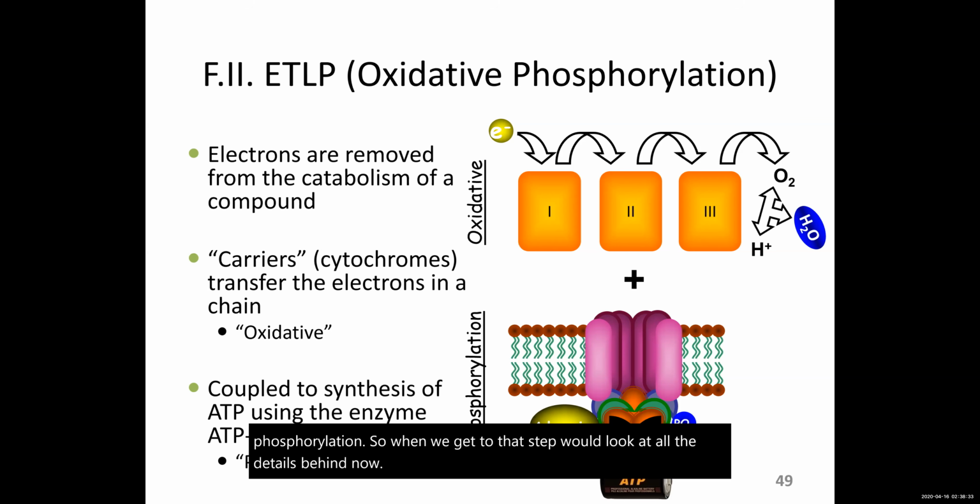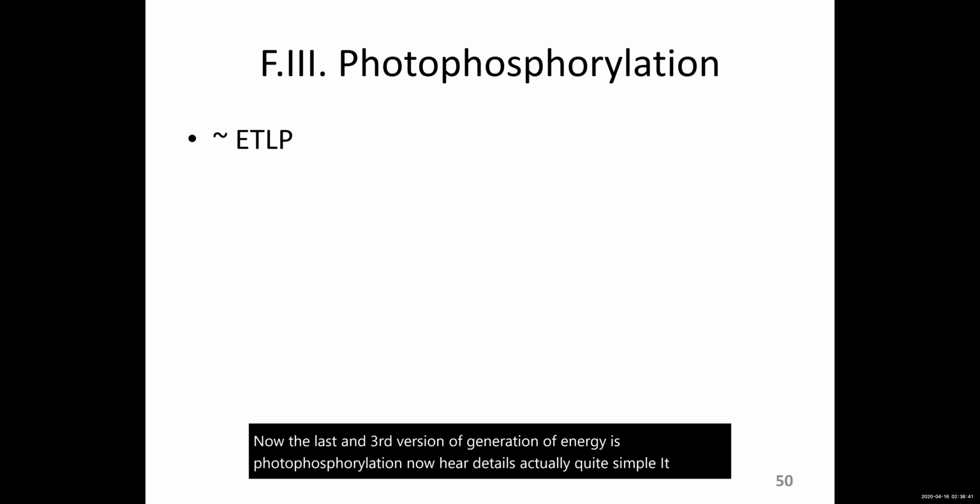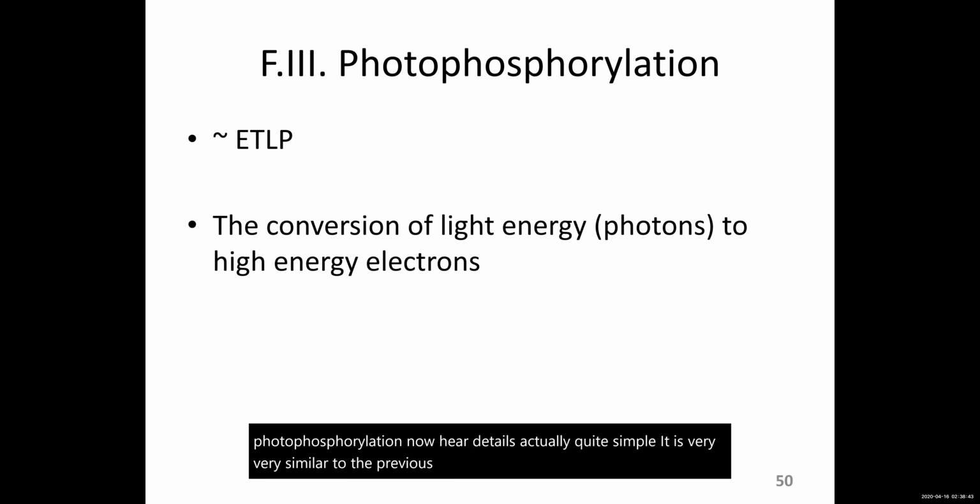Now, the last and third version of generation of energy is photophosphorylation. Here the detail is actually quite simple. It is very similar to the previous step, electron transport level phosphorylation. The only difference is that we don't have a substance that contains the high energy electrons. Instead, we utilize sunlight.